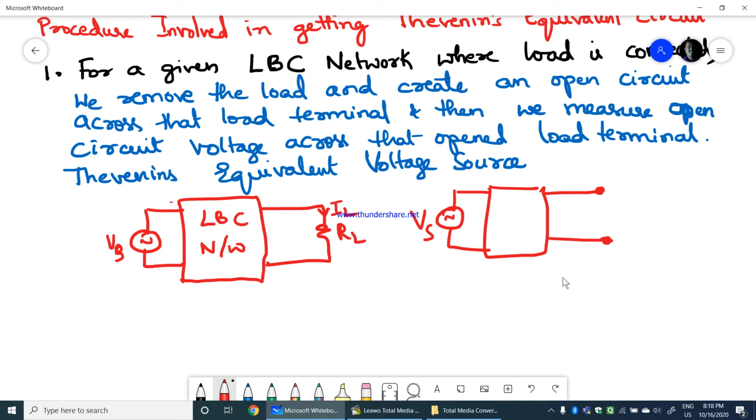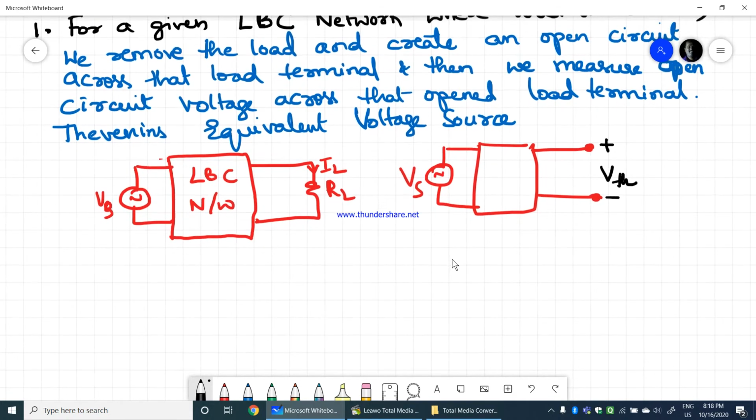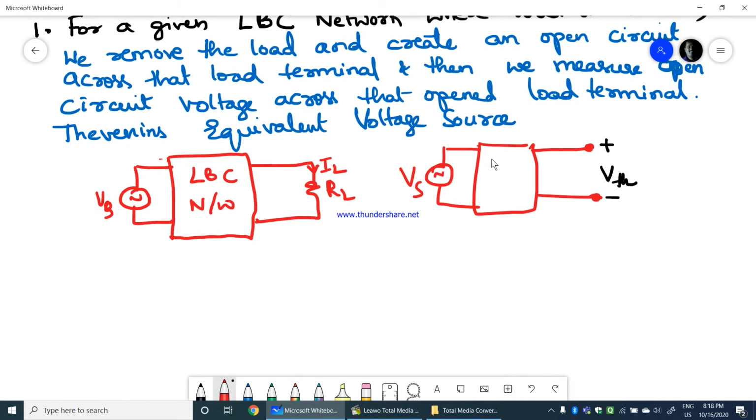So this is the load where it is removed, and now I try to calculate the voltage across this open circuit. That is nothing but the V Thevenin's voltage source value. So you remove the load, create an open circuit across the load and find the voltage value across that open circuit, and that will become the Thevenin's equivalent voltage source.